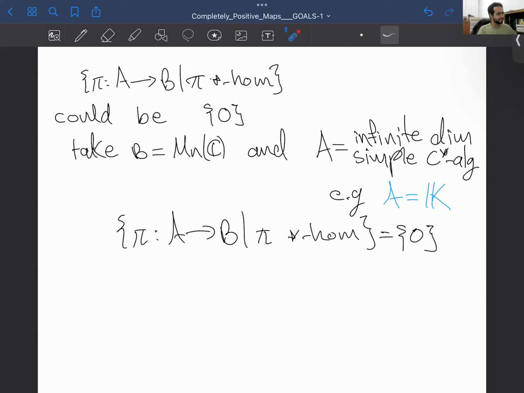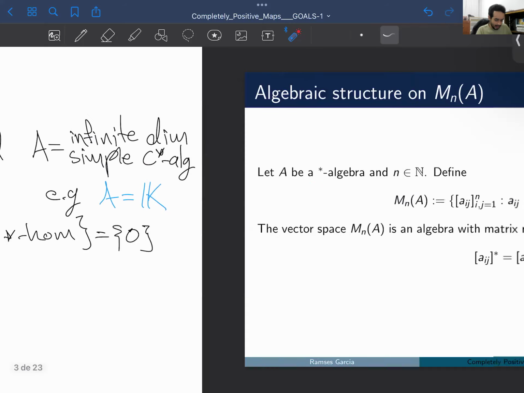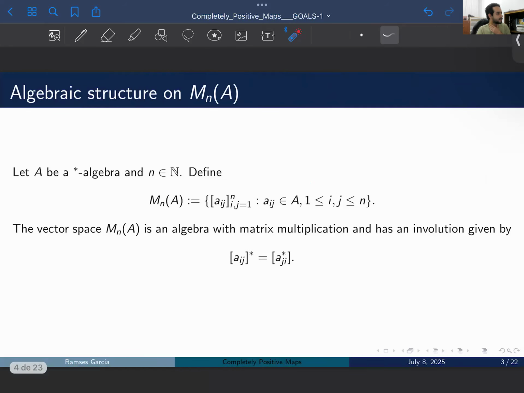This is the motivation. Let's begin with the definitions. You have all already worked with this, but maybe I'm going to repeat things that you already know, so please tell me if I'm going slow.